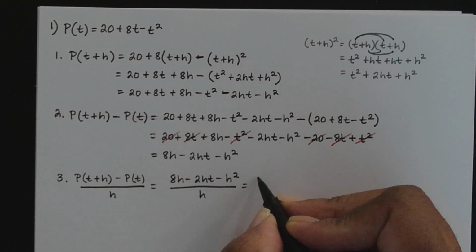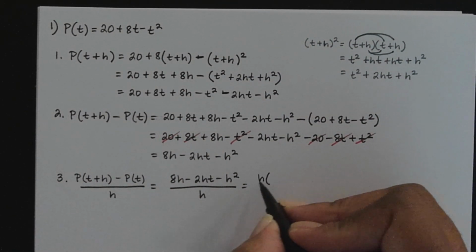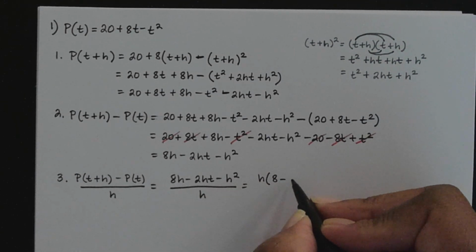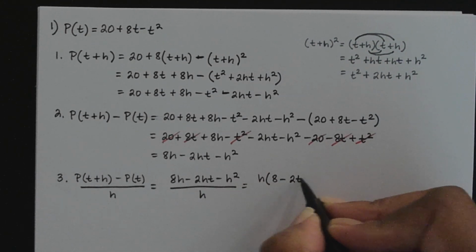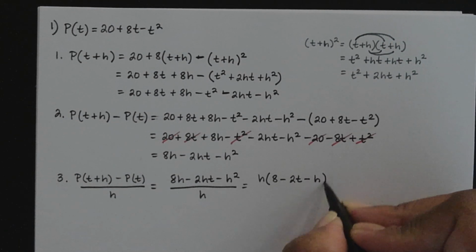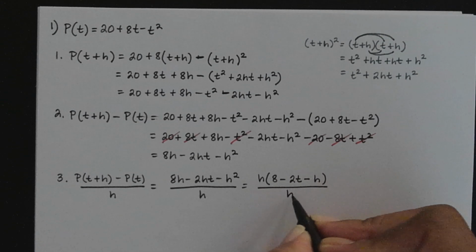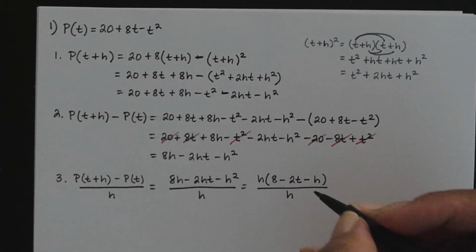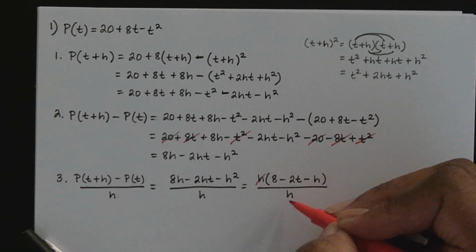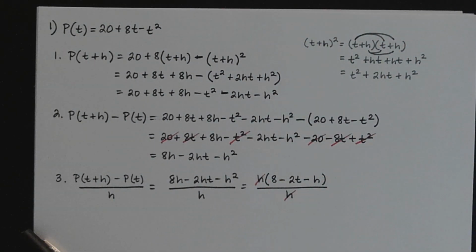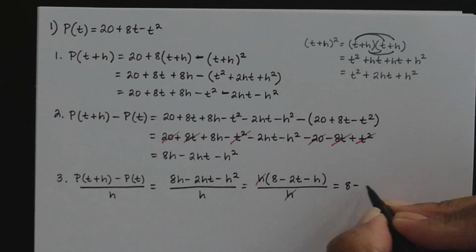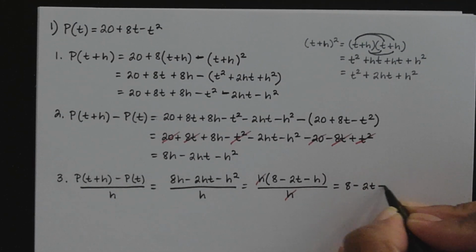Every term should have an H in it, so we factor out the H. So 8H divided by H will just be 8, minus 2HT divided by H will be 2T, minus H squared divided by H will be H. All that's divided by H. And as you can see here, these H's divide out. You'll be left with just 8 minus 2T minus H.